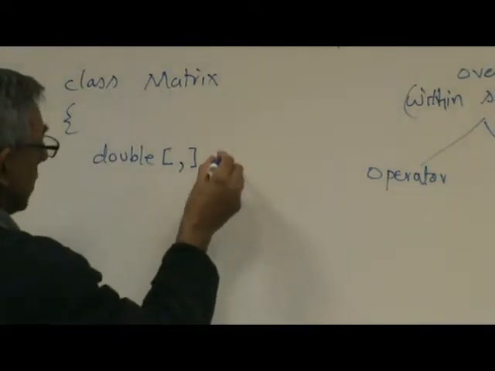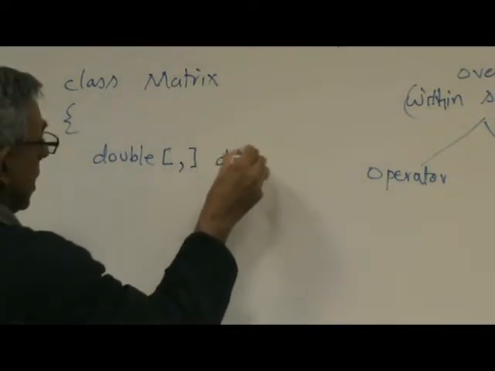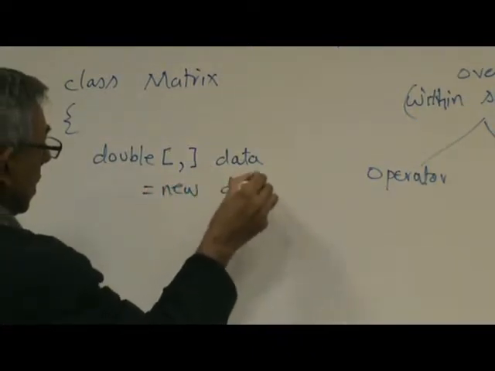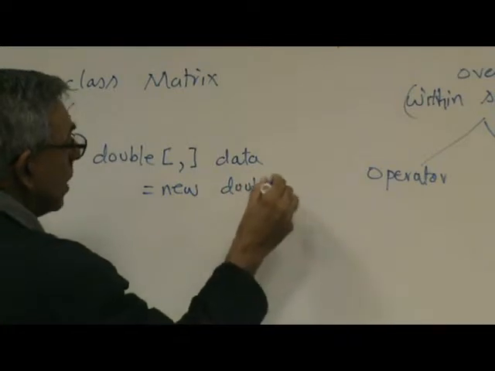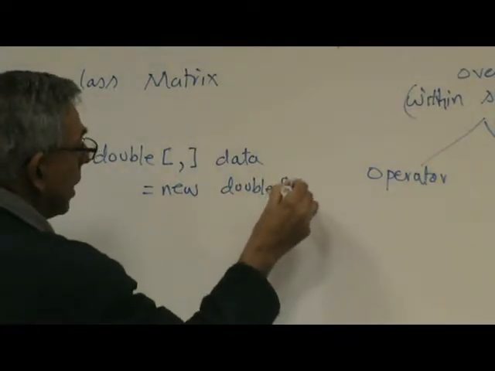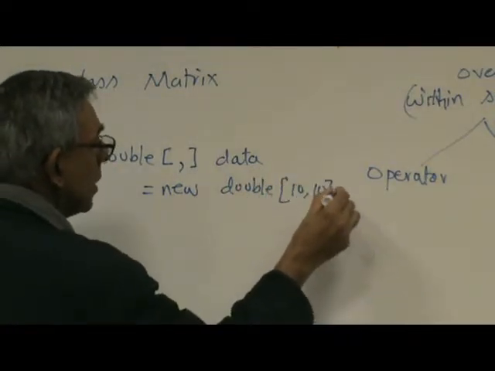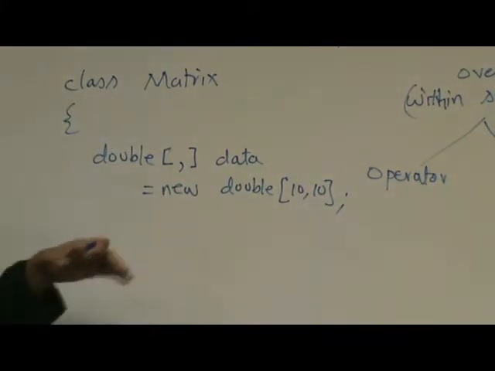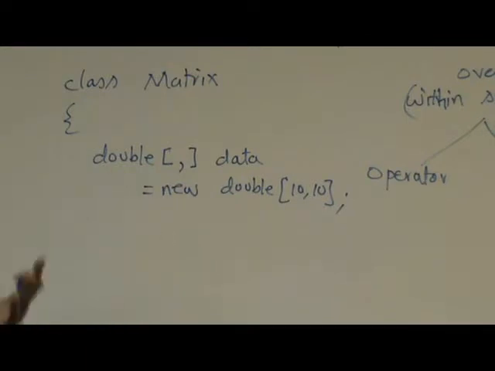Okay, and suppose you can call it data equal to new double, for example, 10 comma 10. If you wanted a 10 by 10 matrix, or you can say null and through the constructor provide how many rows, how many columns will somebody create, right?